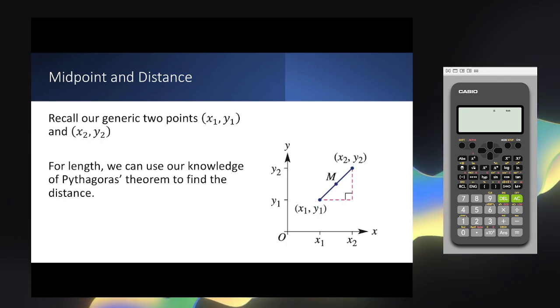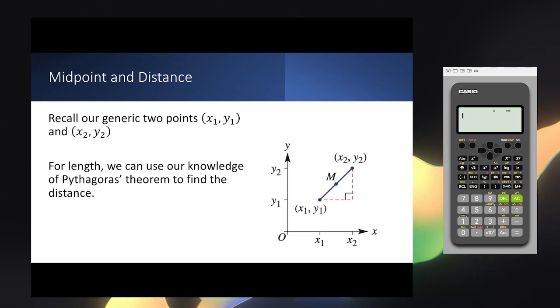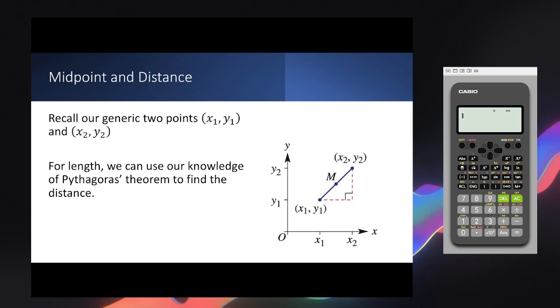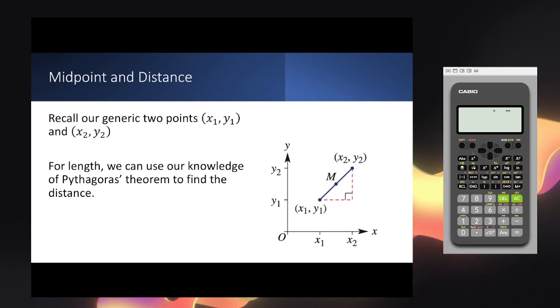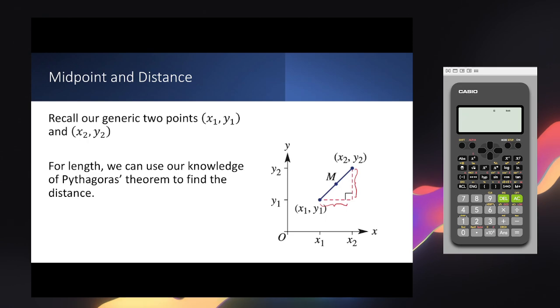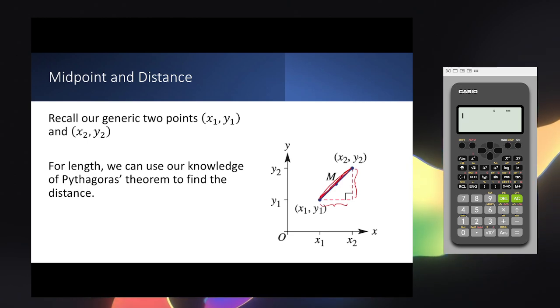Now, for length, we can use our knowledge of Pythagoras' theorem. So treat this interval like a right-angled triangle. And in fact, the picture is drawn here for us. As long as we know this distance here and this distance here, we should be able to find the length of the interval along here, and we can use Pythagoras to do that.